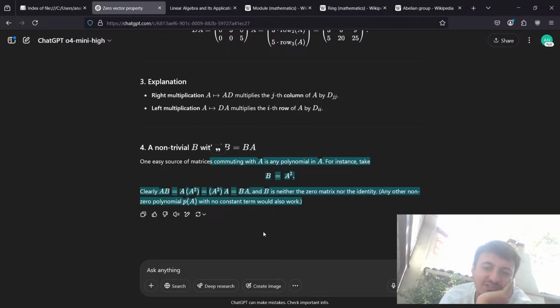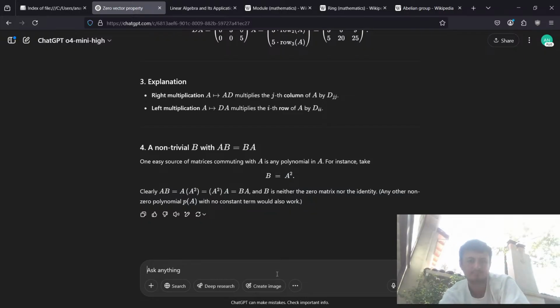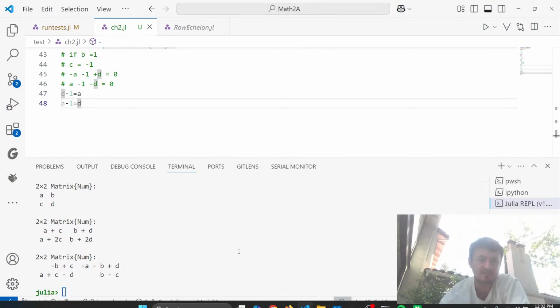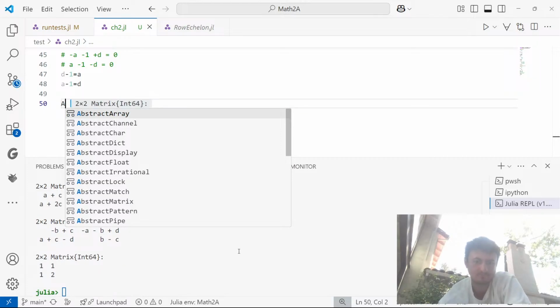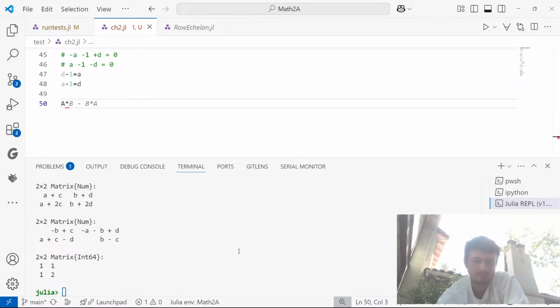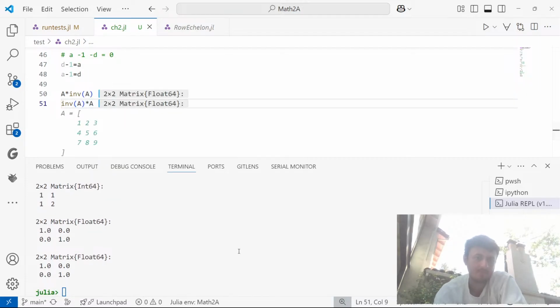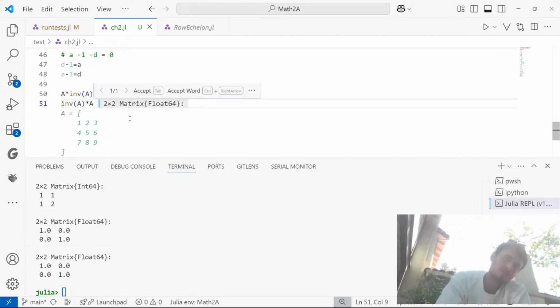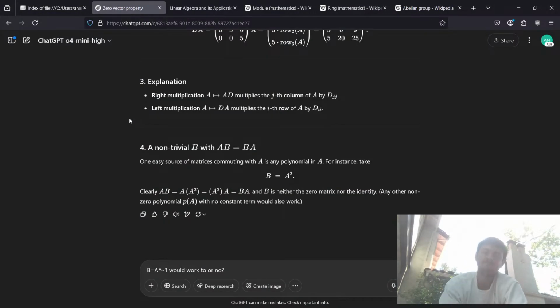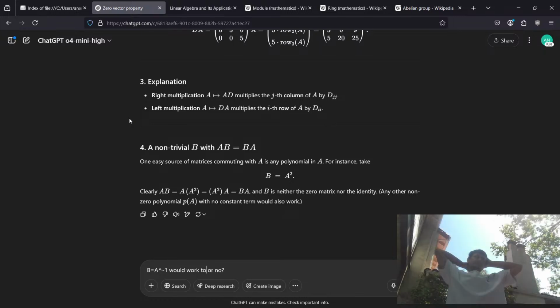Oh, I'm so silly. Any other non-zero polynomial? Wait, let's just try that. So if we had a, this is obviously gonna be I. So inverses commute. Yeah. That's actually pretty cool that inverses commute like that.